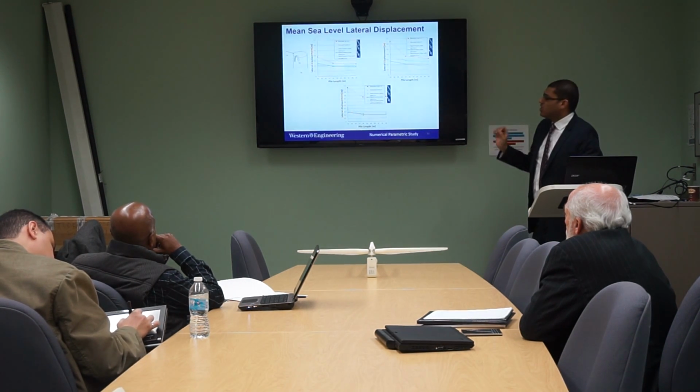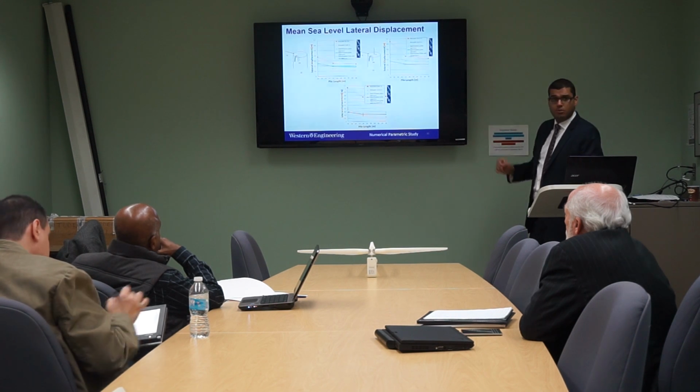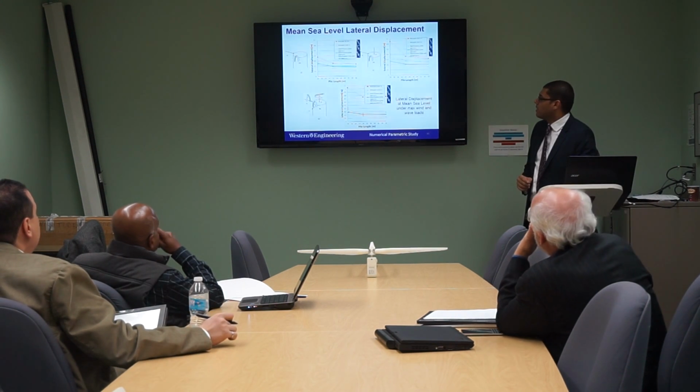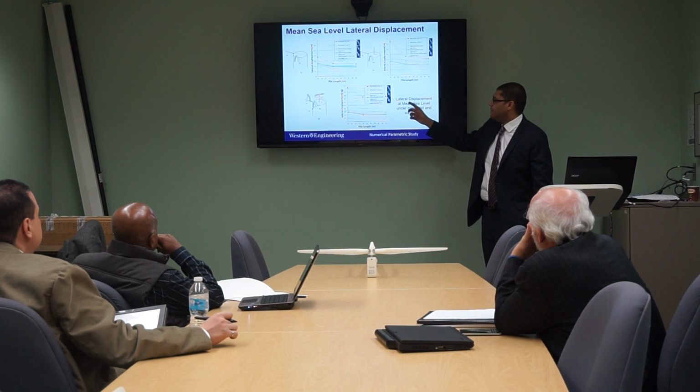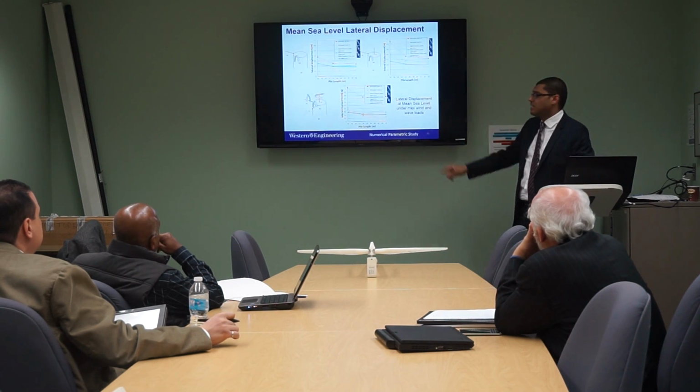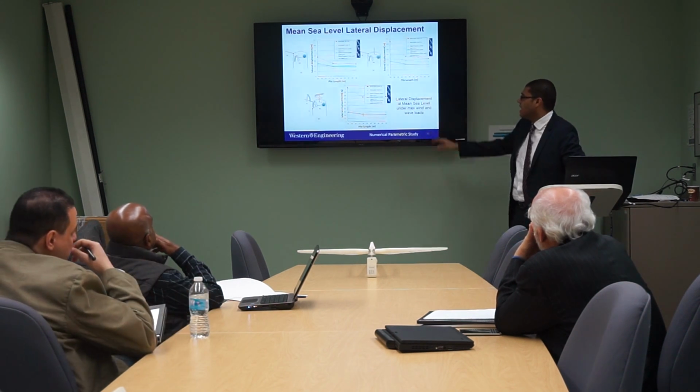We have studied under just 2 components, 3 components, and also 6 components. All these tests have been done at mean sea level for lateral displacement, with the maximum wind load coming from the wind turbine and the wave loads.